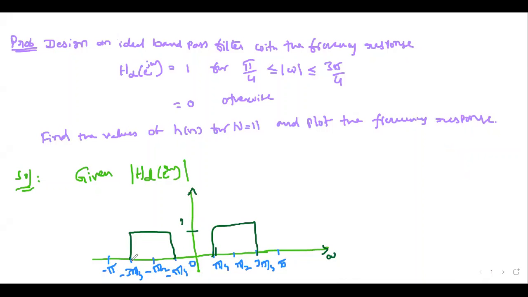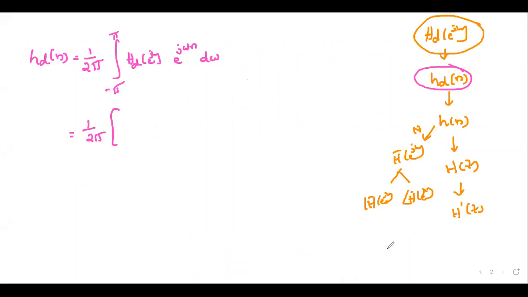So we can take the integral from minus 3 pi by 4 to minus pi by 4 of 1 into e power j omega n d omega, and one more integral from pi by 4 to 3 pi by 4 of 1 into e power j omega n d omega.